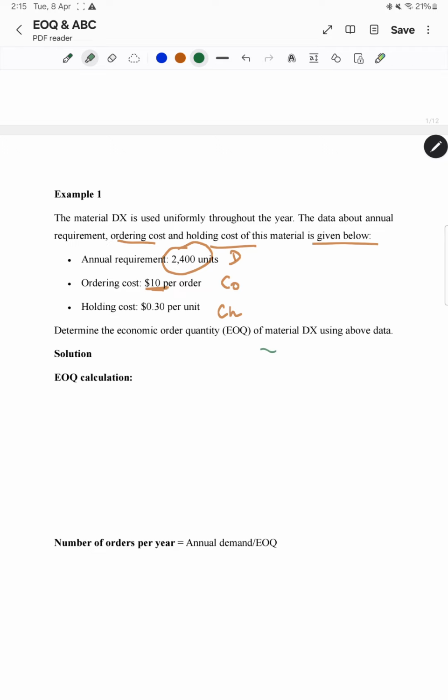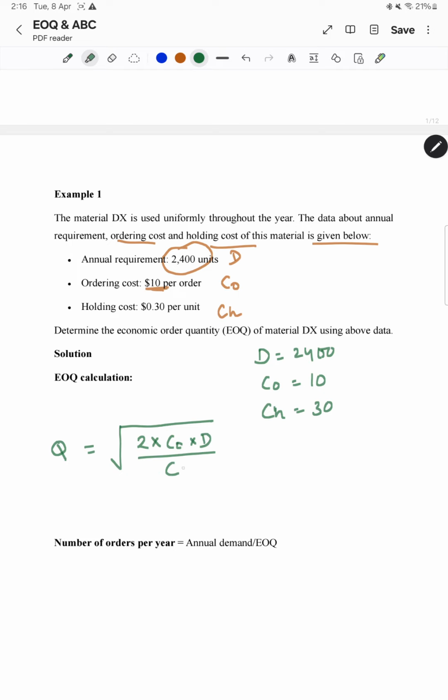So in this problem, the total demand is given as 2400, ordering cost CO is equivalent to 10 per order, and holding cost CH is equivalent to 30 per unit. Now as we know, EOQ is represented by Q, and it is calculated by square root of 2 into CO into D divided by CH.